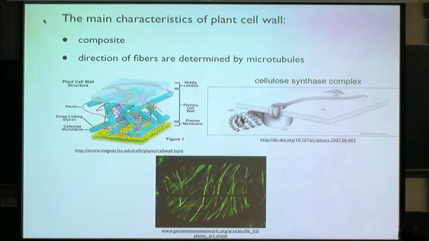There is a very nice machinery here: a motor protein that moves along the cortical microtubules, and on the other side of the plasma membrane it builds up these deposits, these fibers. So if you can visualize these microtubules, you can predict that the fibers that are deposited are following this direction.